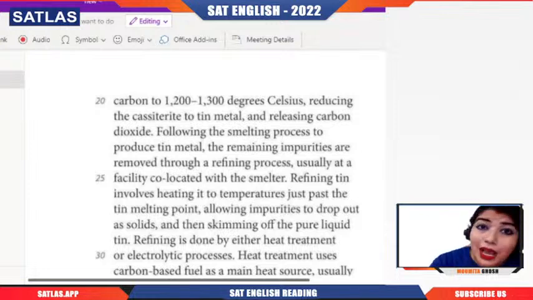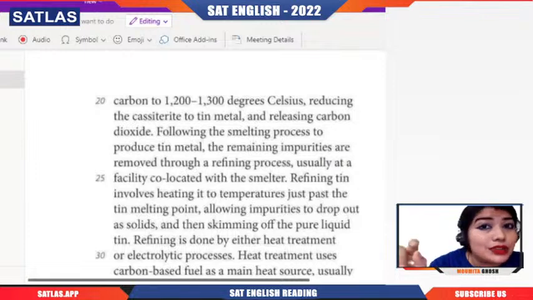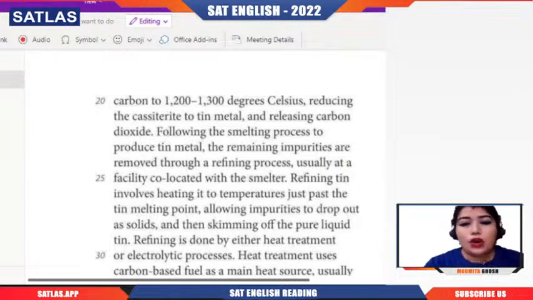Can you imagine 1200 to 1300 degrees Celsius, it is melted. Reducing the cassiterite to tin metal and releasing carbon dioxide. So carbon dioxide is being released from the cassiterite, which is the oxidized form of tin. Okay, and here the tin is being separated.